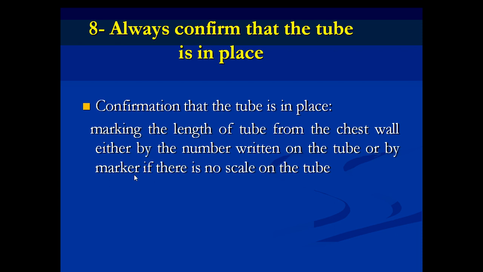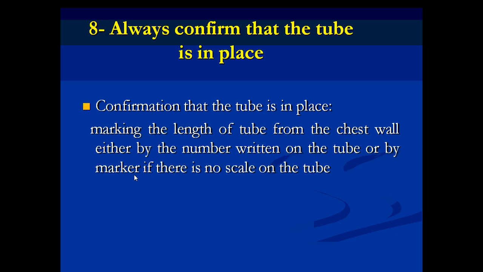Most chest tubes are graded, with a scale from 0 to 1, 2, 3, 4 up to 20 centimeters, and usually the scale starts from the last side hole that should be on the radiopaque line, so we can know the distance of the chest tube inside the patient's thoracic cavity, and whether that distance is enough or not.